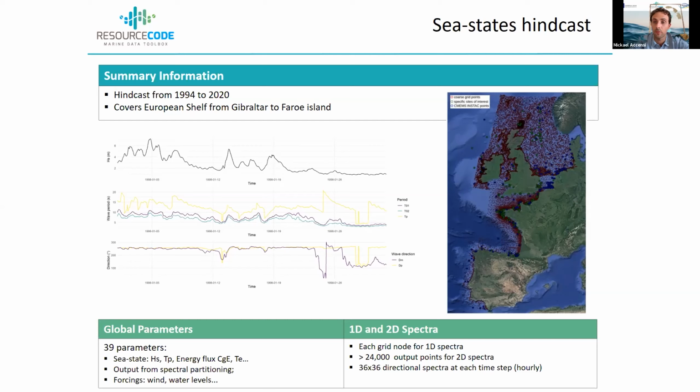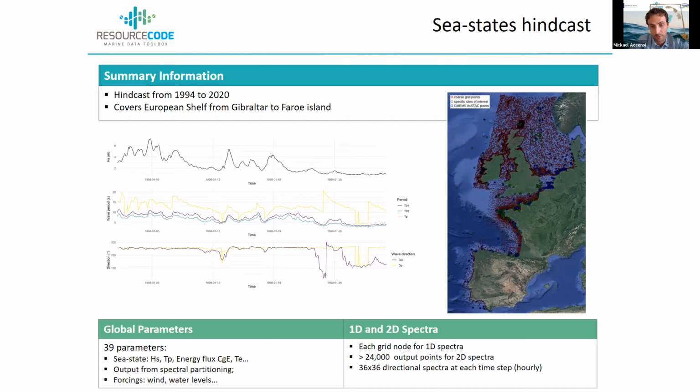But we also provide the directional partitioning, so all the parameters for the wind sea and the different swell partitions, and also all the forcing fields like the wind, water levels, and current, and also the depth from the bathymetry. You can see an example here on the different time series. It's an extraction at a given node in the mesh. You can see the significant wave height, the different wave periods, and the mean and peak directions.